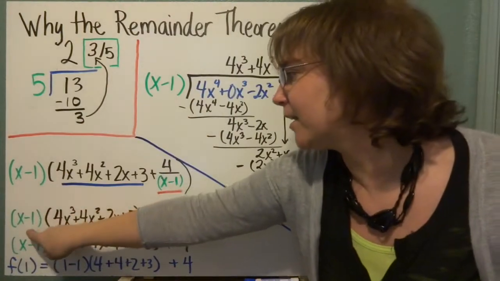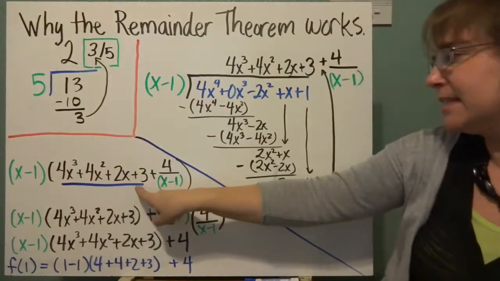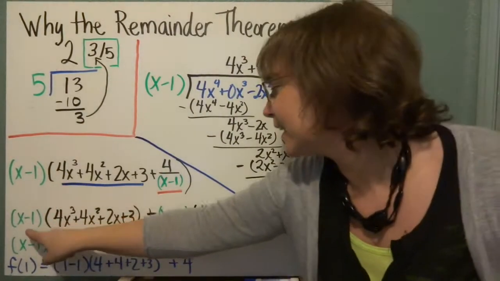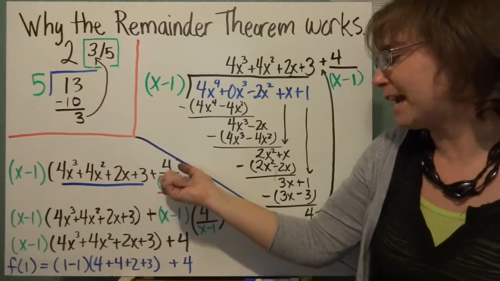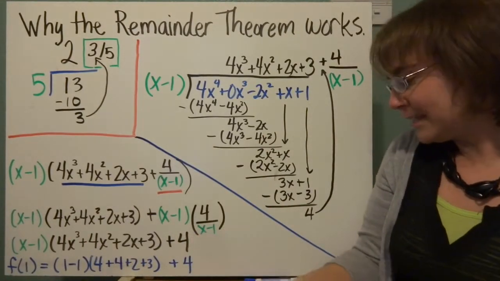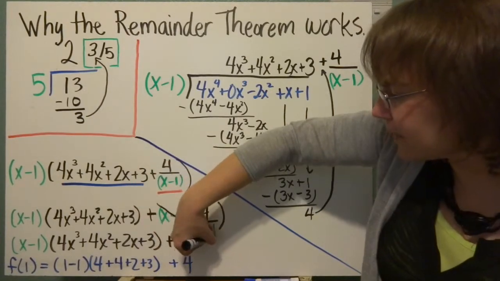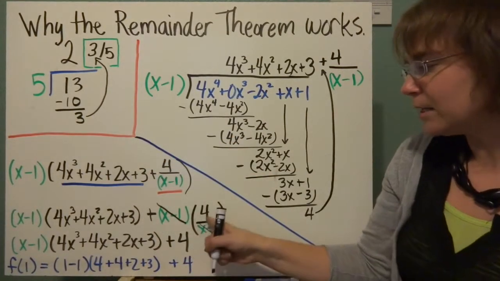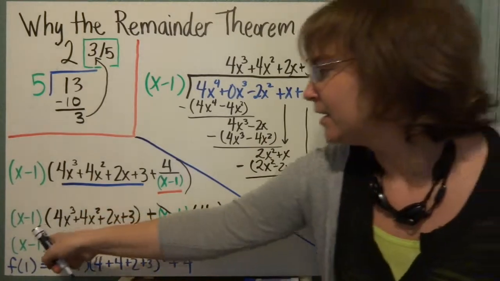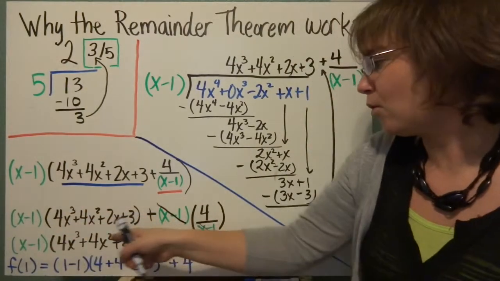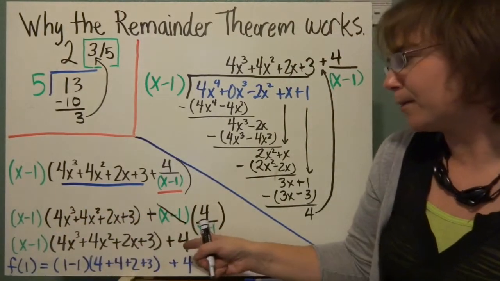So that's what I did here: x minus 1 times this plus x minus 1 times this little fraction part right here. Now the reason I do that is because x minus 1 over x minus 1 is just 1. So I just have this 4 hanging out here. So I have x minus 1 times this whole thing right here plus 4.